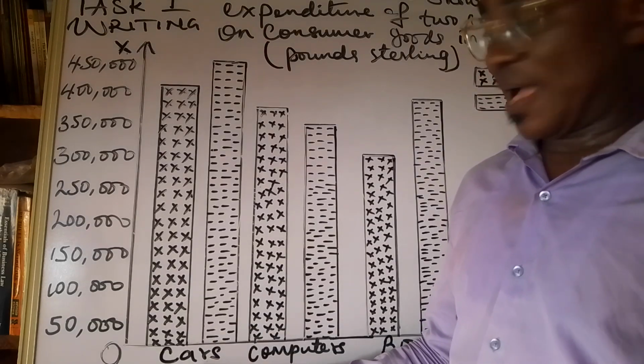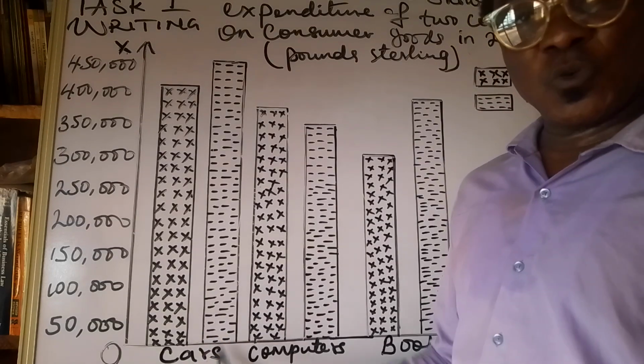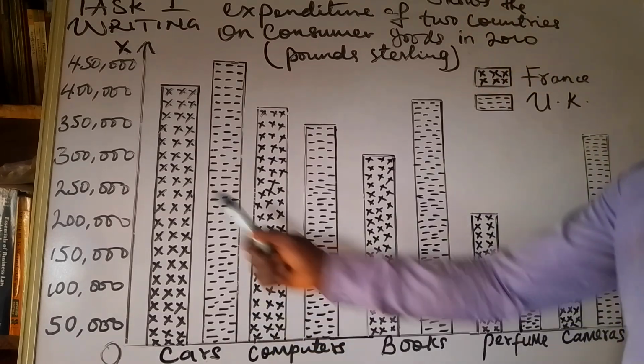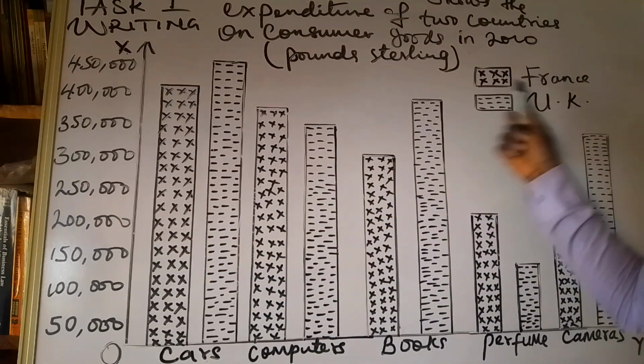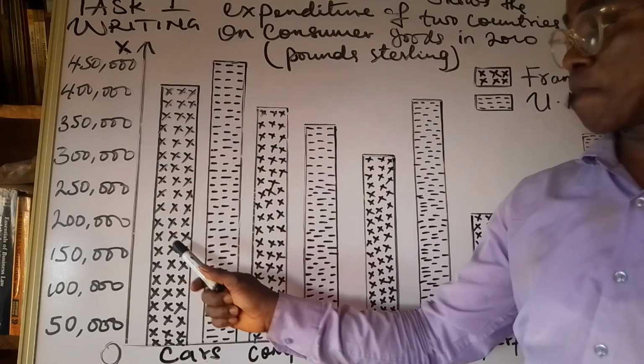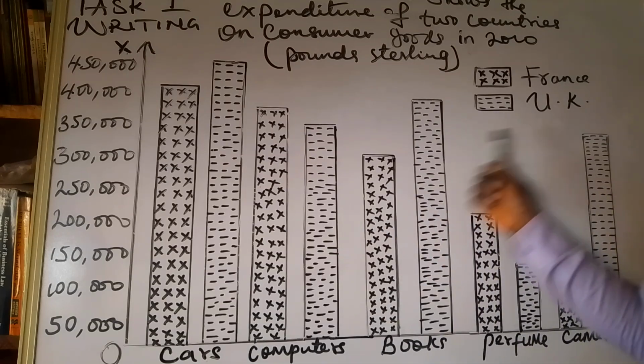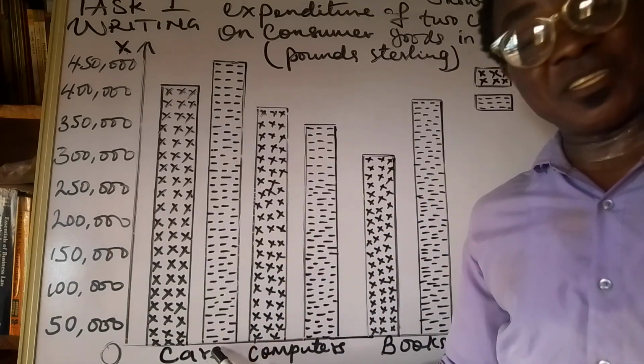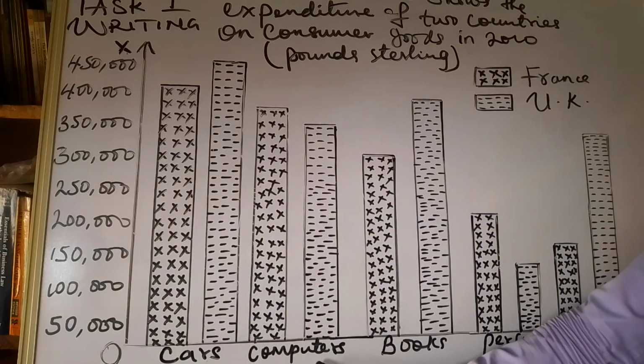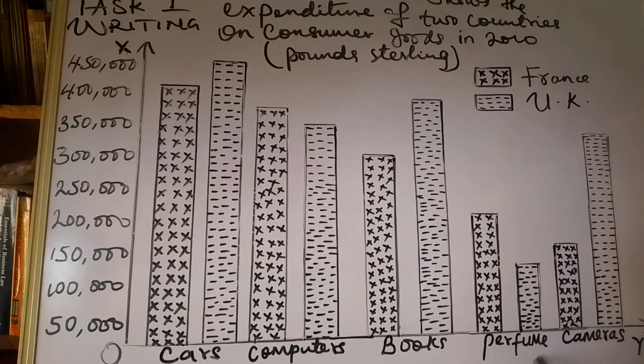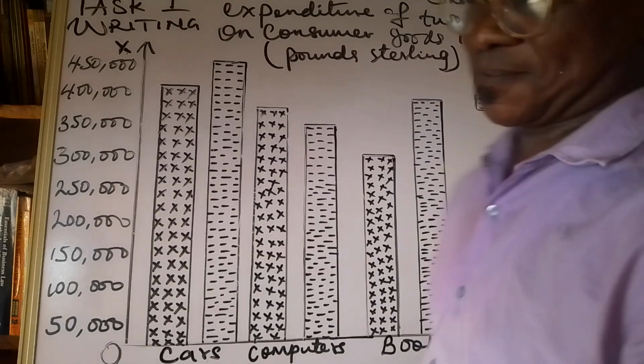The first value is cars, represented by 2 bars. One bar, as the key shows us, stands for France, while the second bar stands for British expenditure. And then computers, books, perfume, and cameras.